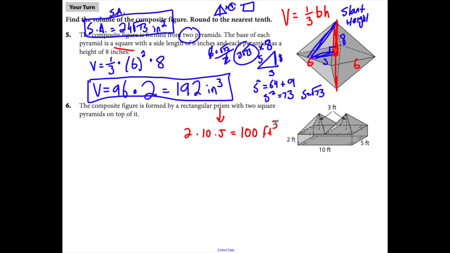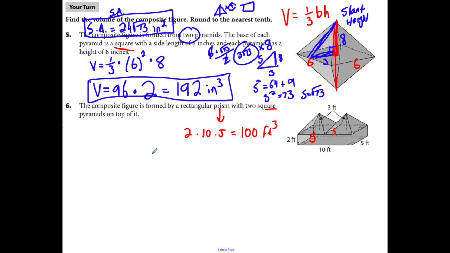Now these pyramids, I've got a sense, are congruent to each other, and it doesn't say anything to indicate otherwise that I can tell. So I'm going to assume these pyramids are congruent to one another, meaning that each of them has a base of 5. Well, we know it's square, so that makes sense.